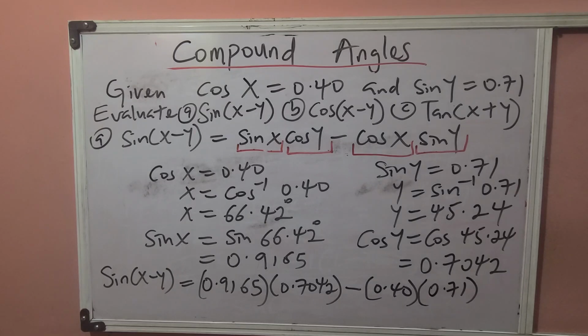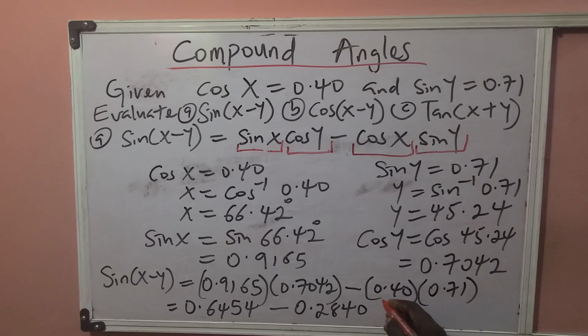If you press this on your calculator and evaluate the entirety of this value, multiplying this particular value with this particular value gives 0.6454. And for the other side, 0.40 times 0.71 will give me 0.2840.